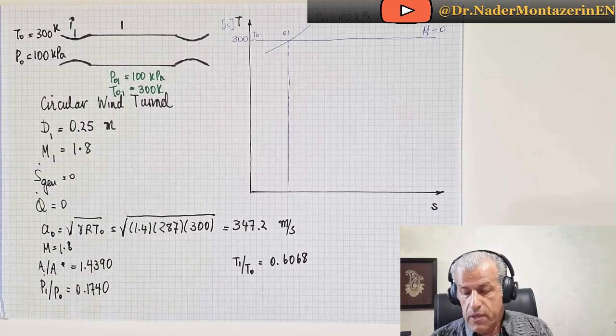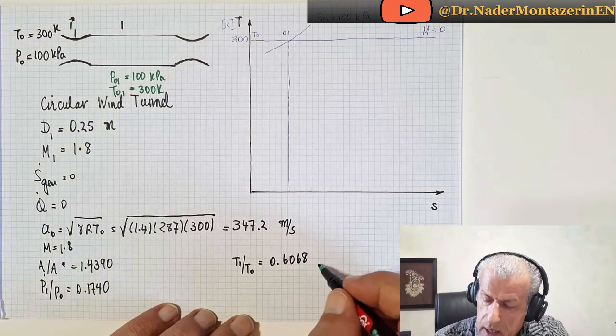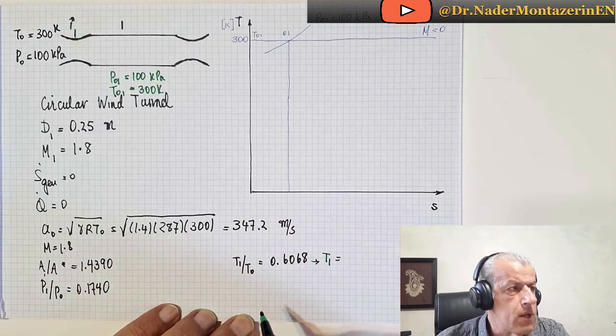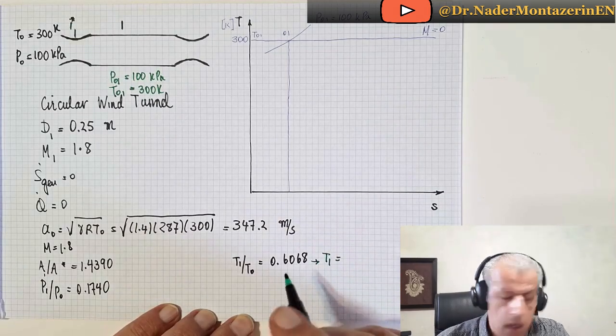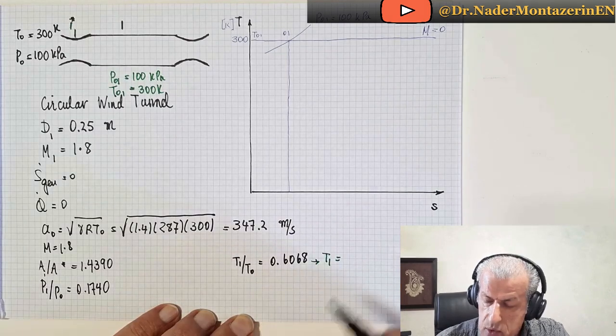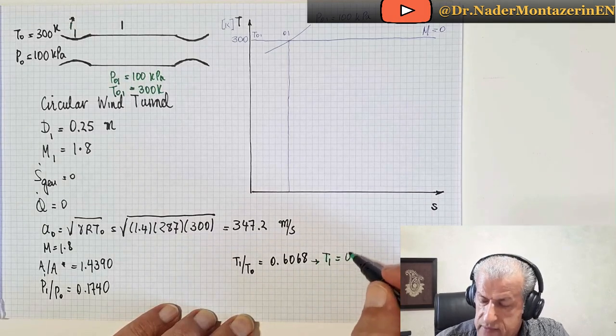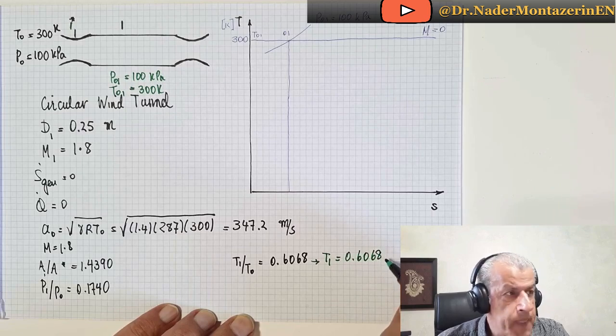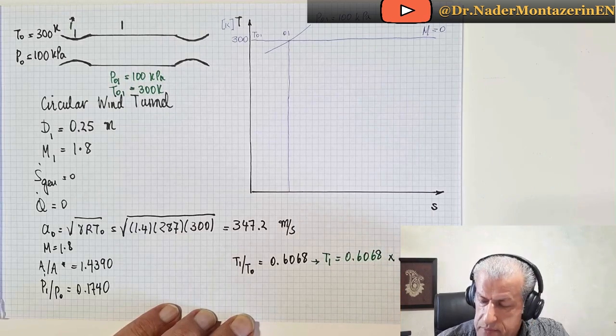Okay, now let's start with these values here, and let's give them some meaning. From here we conclude that T1 equals T0 times this value. So it is 0.6068 times 300.